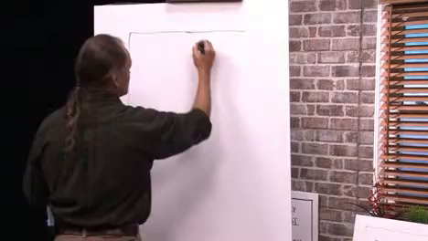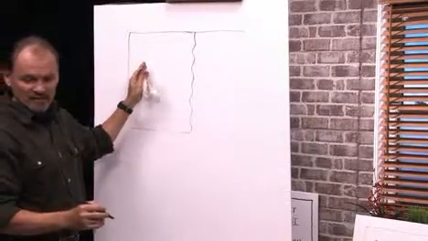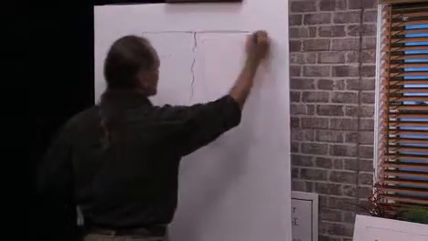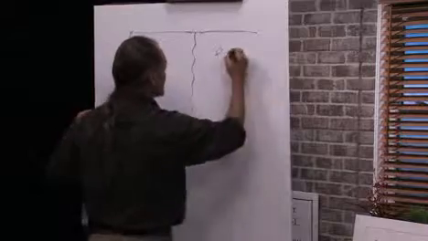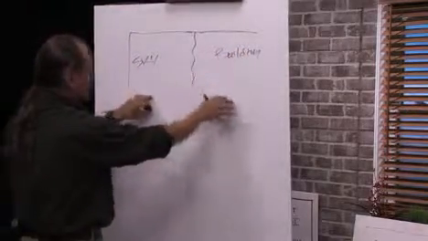Let's say that I have over here a background, an underpainting of sky. And over here I have, just as I did there, a building, just to identify what's going on here. So this is light color, this is dark.